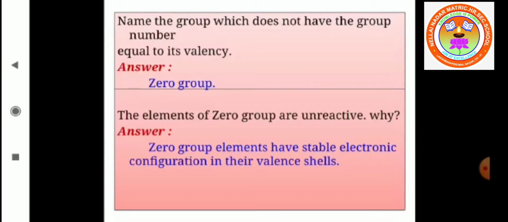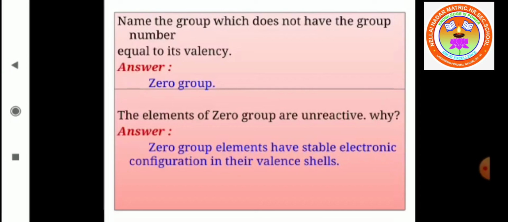They don't react easily with other elements. That's why these 0 group elements exist as monoatomic molecules. They are not easily affected by any other element, because of the already attained 8 electrons in their outermost shells. So the elements of 0 group are unreactive, or very stable, because of the attainment of 8 electrons in their outermost shells.